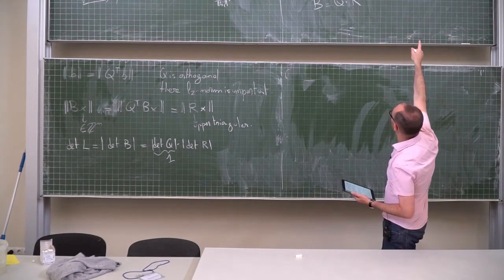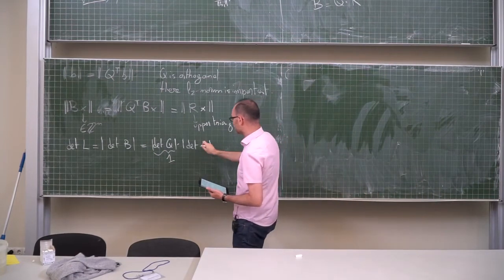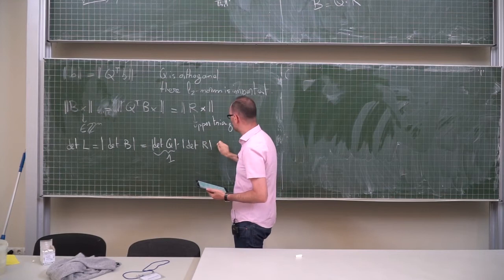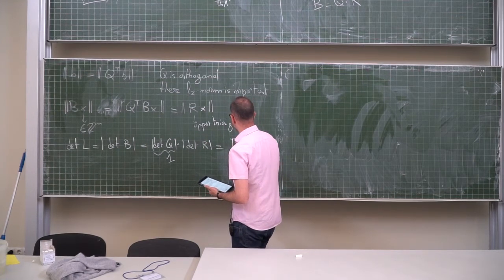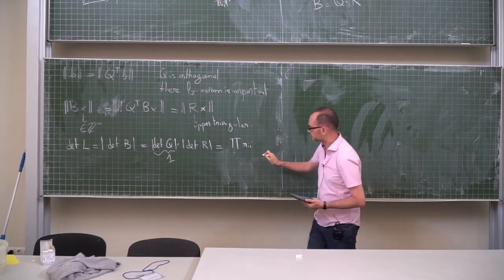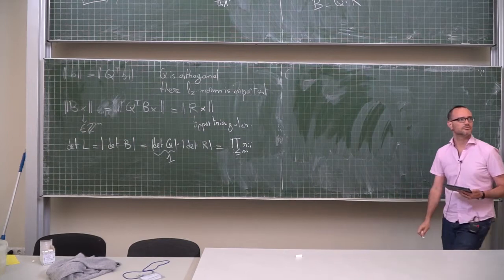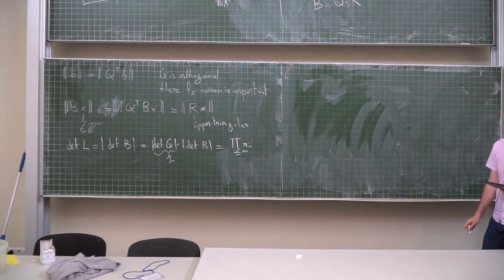It follows directly from the identity Q^T Q equals 1. And the determinant of R, as it is upper triangular, is the product of the diagonal coefficients. So the determinant is also trivial to obtain from the QR factorization.